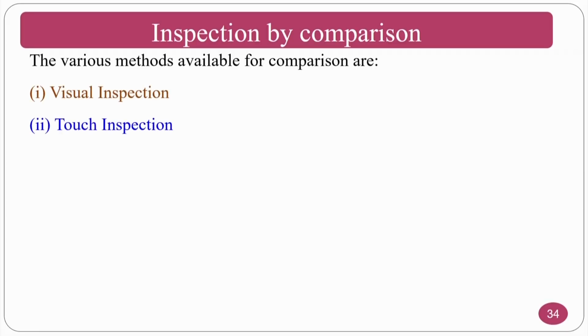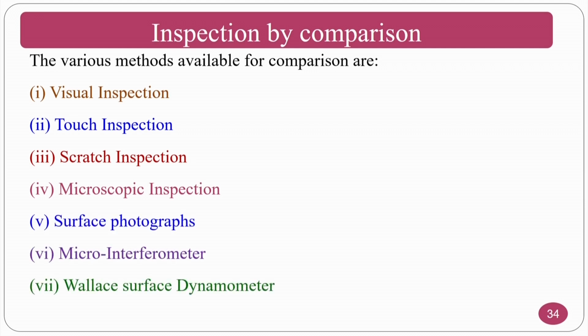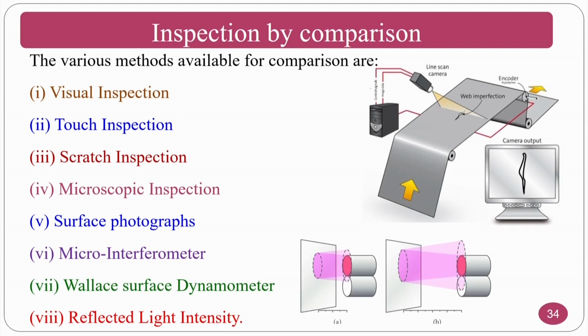One is the visual inspection method, then the touch inspection method, the scratch inspection method, the microscopic inspection method, surface photographs, micro interferometer and other things, the Wallace surface dynamometer and other things. Reflected light intensity is also one of the methods. One you can see here is using a line scan camera.